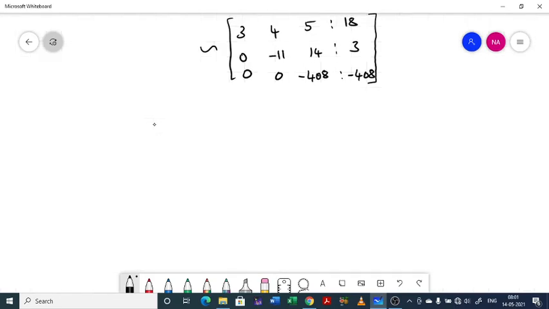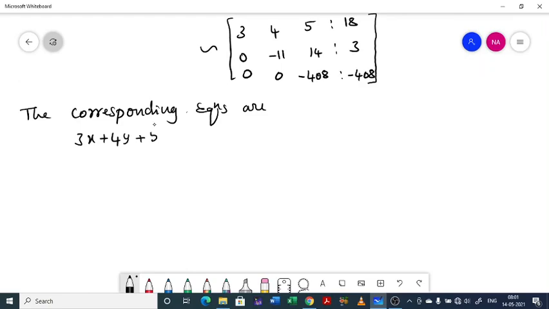Thus, the corresponding equations are 3x plus 4y plus 5z equal to 18, minus 11y plus 14z equal to 3, minus 408z equal to minus 408.